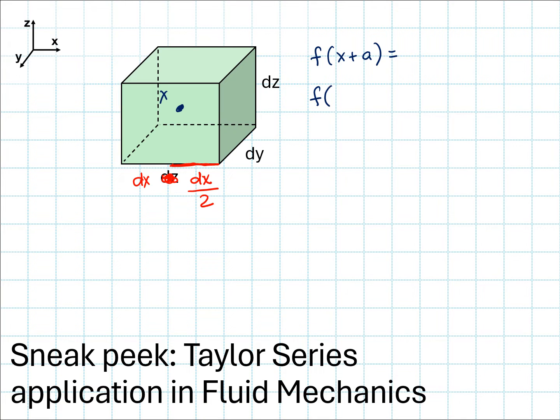So I'm writing f of x plus dx over 2. That's going to give me the value of my function over on the right-hand face of my cube. And so it's going to be whatever that value was at f of x, plus the first derivative of the function at x multiplied by my distance a, and so on, the Taylor series expansion that we've already gone over.